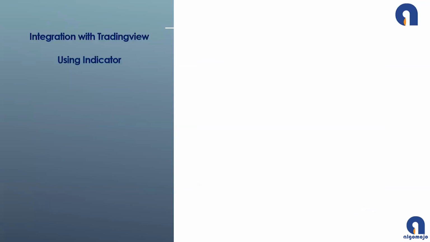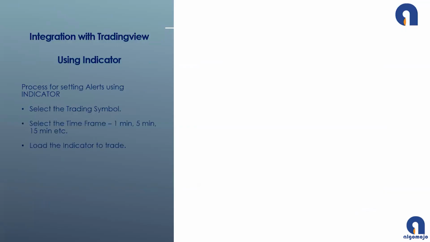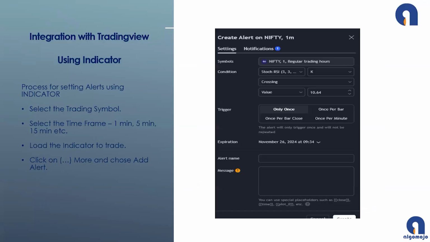In case it is an indicator, the process is slightly different, but initially you have to select the symbol, time frame, and then load the indicator. The pop-up box will be slightly different. You will need to update the condition when it should be triggered, and whether you want it once or once per bar close. Those two things need to be updated.